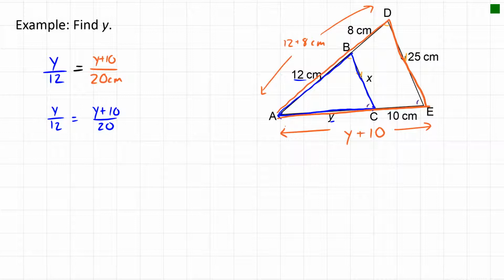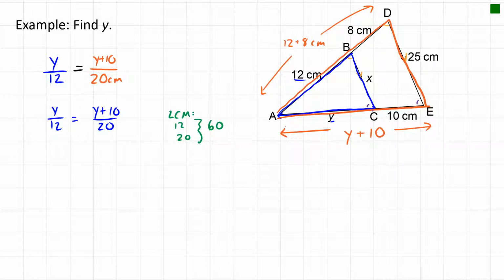Choose the way that makes the most sense to you, the one you're most comfortable with and can solve most consistently. One method that I'll show you right now is eliminating the denominators by multiplying by the lowest common multiple of 12 and 20, which is 60.